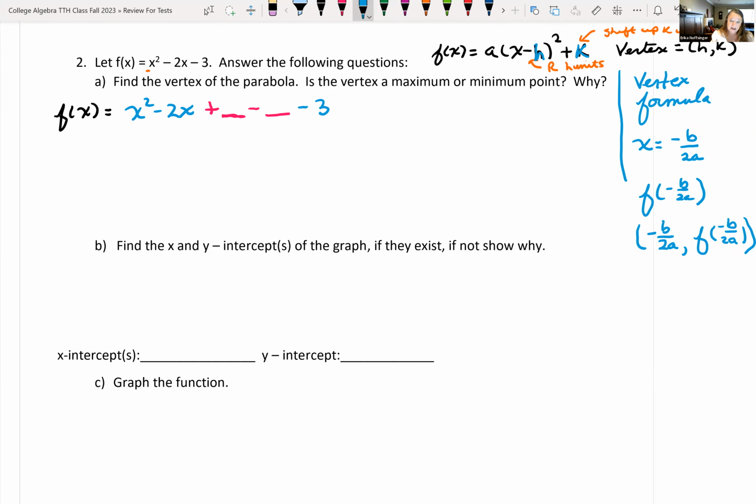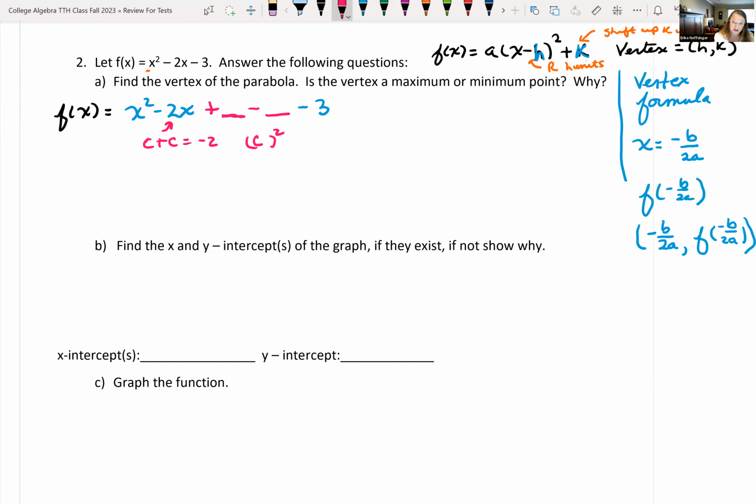So I'm looking for the number that I can add, the same number I can add to get negative 2. Let's just say, I don't know, c plus c equals negative 2. And whatever we find that c to be, we're going to square it and put it up here.